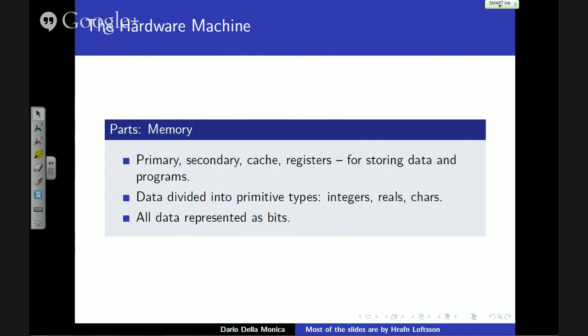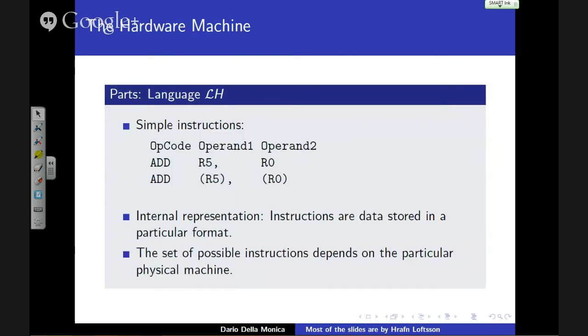But they are stored in the same way, as a sequence of bits, and they are interpreted in a different way depending on their type to get the wanted integer or the wanted real number and so on. So again, the distinction is conceptual, but for the machine there is no difference between any kind of data and instruction.